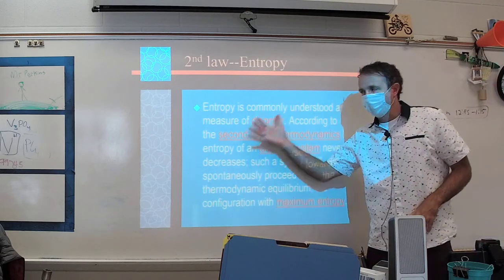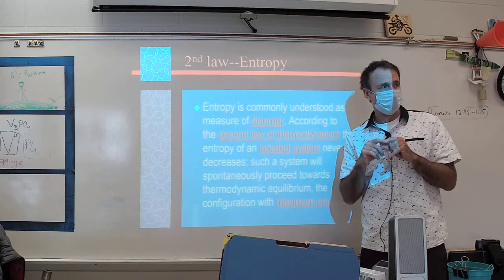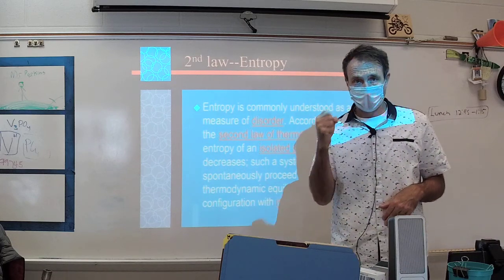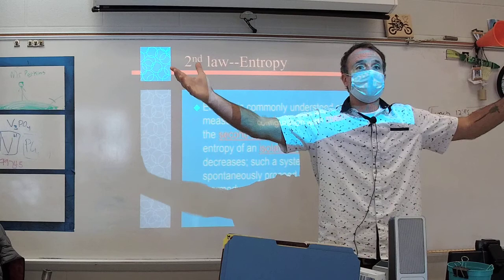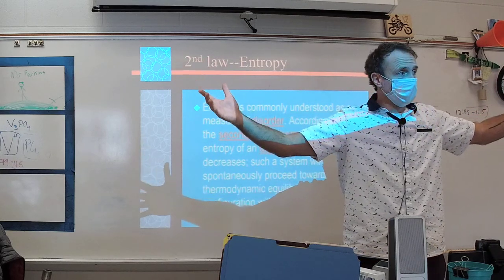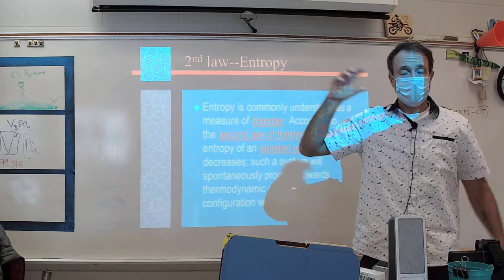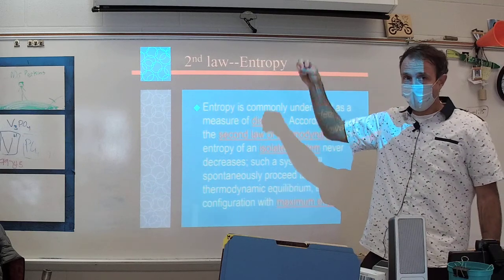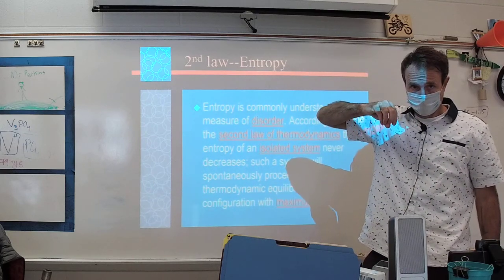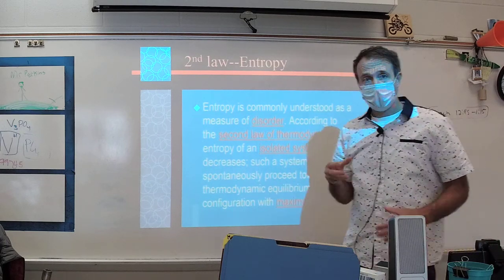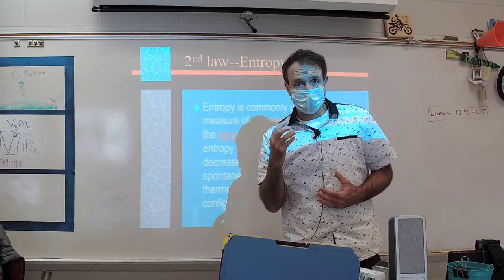And here's what this says in the quickest way a teacher could put it. If you have a bunch of heat in one place, that heat is going to spread out and become as disorganized as possible. If you have an ice cube and you put it in hot water, then what you have there is an organization.